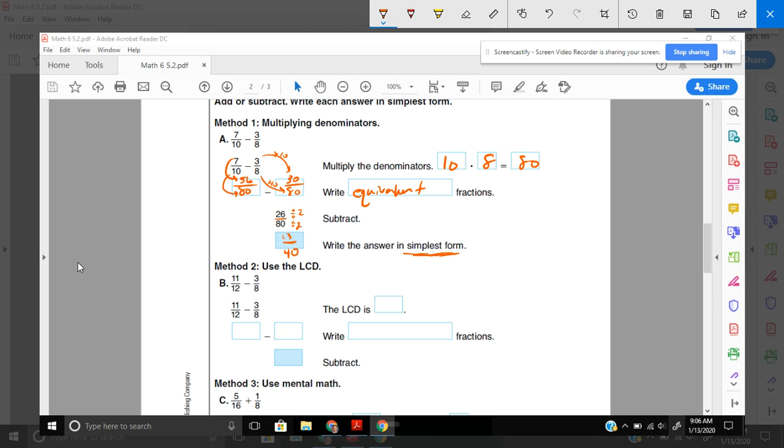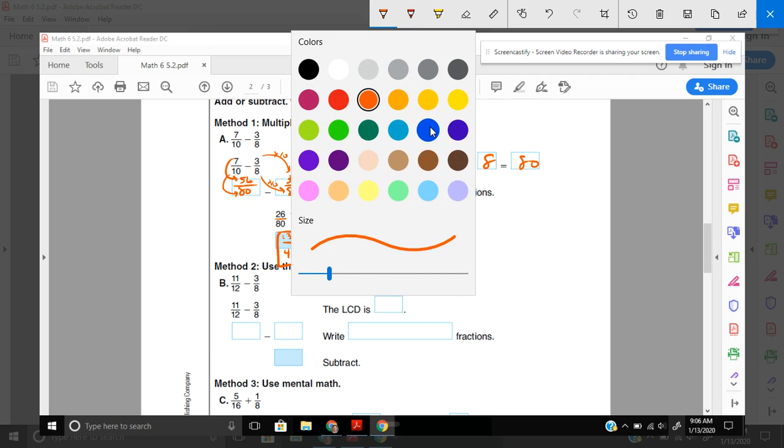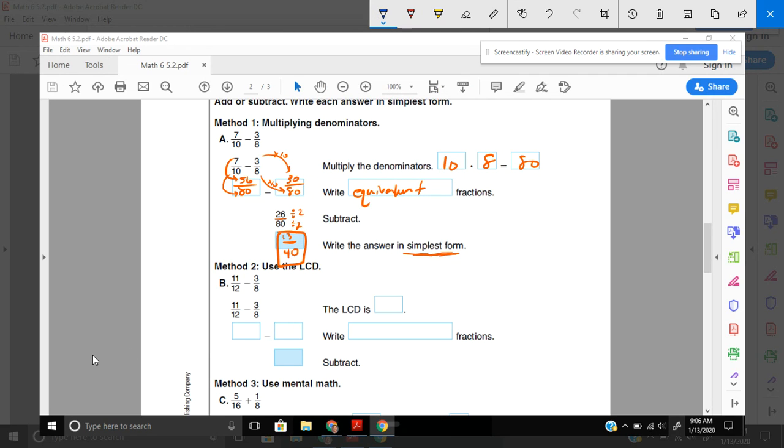And do 13 and 40 have any common factors? Not besides 1, so that would be the answer in simplest form, 13/40. Okay. In the next problem, it wants me to use the least common denominator to solve. So I've got 11/12 minus 3/8.